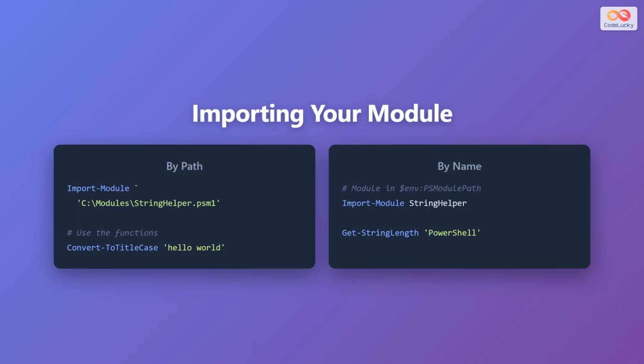The second method is importing by name. If your module is located in one of the directories specified in the PSModulePath environment variable, you can simply use Import-Module followed by the module name, like StringHelper. Then you can call functions like Get-StringLength with the text PowerShell. Importing by name is cleaner and more convenient for frequently used modules.